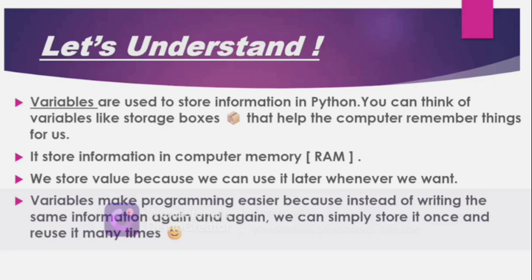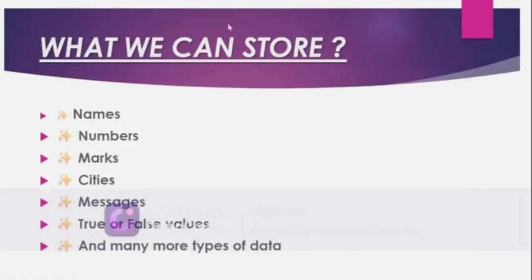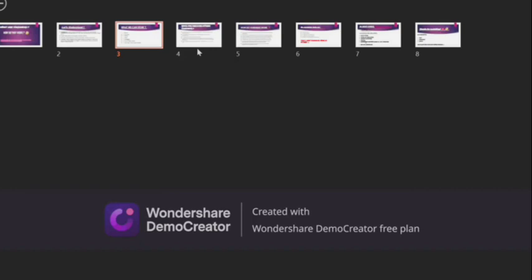And then next, what we can store: names, numbers, marks, cities, messages, true or false values, and many more types of data we can store in variables. So these things we can store. You can also make notes side by side.